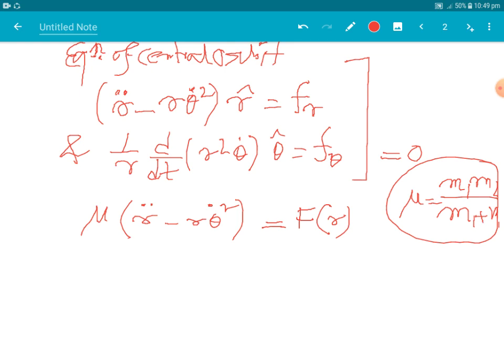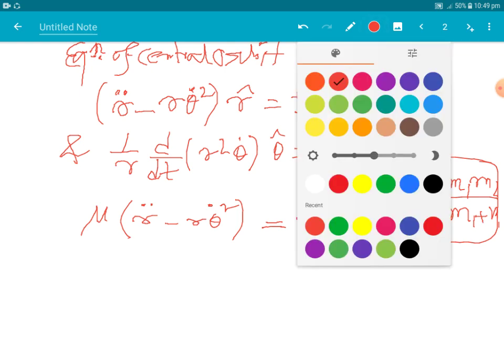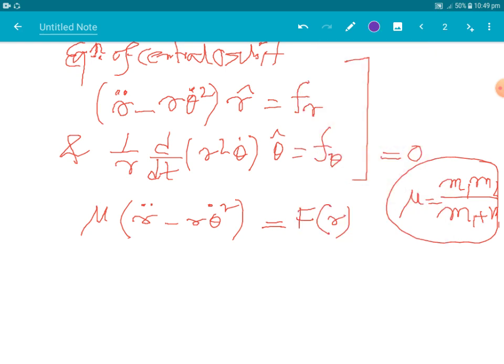Now we introduce the inverse coordinate system. In this case 1 by r is equal to u.